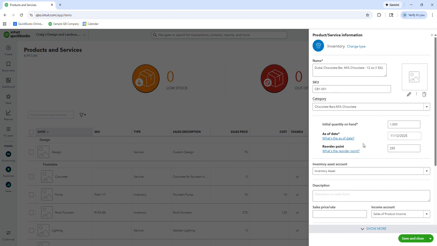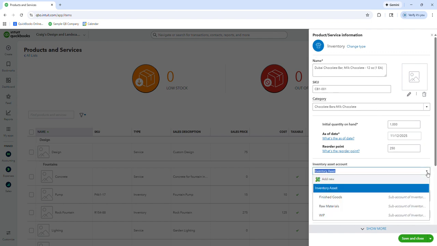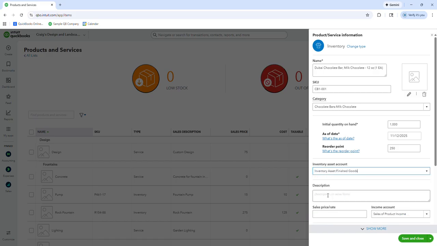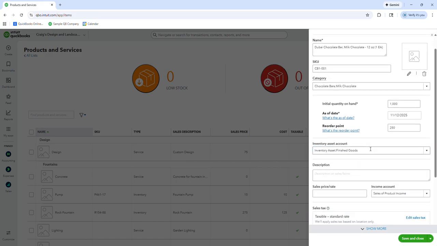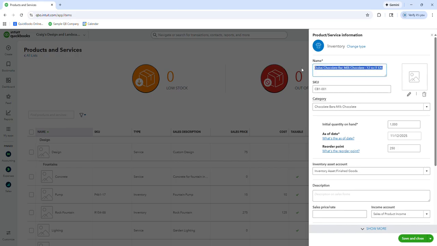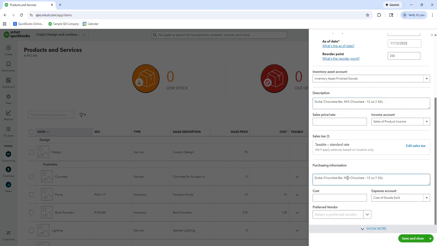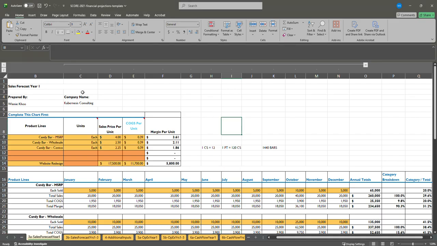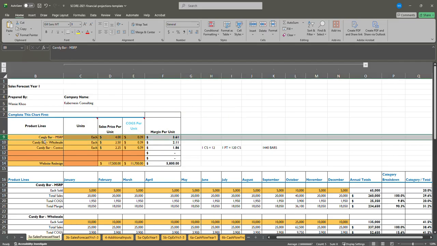Inventory asset, this is a finished good. So out of the inventory options, we've got the finished goods here. In terms of the descriptions for both the sales side and the purchase side, I like to keep them the same or consistent. Now, in terms of the sales price and cost, if I reference the sales forecast, this is basically a single candy bar.